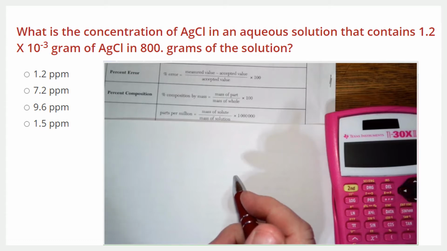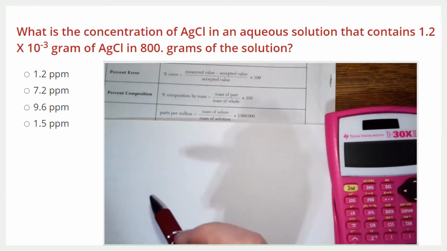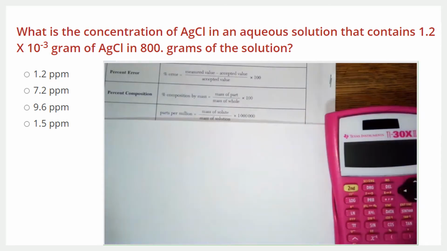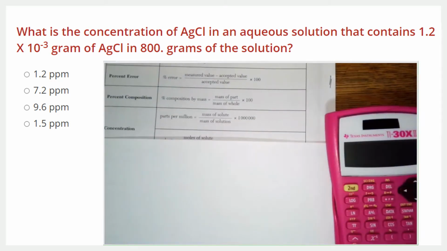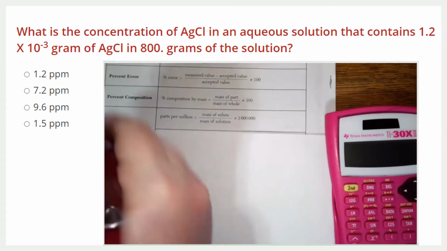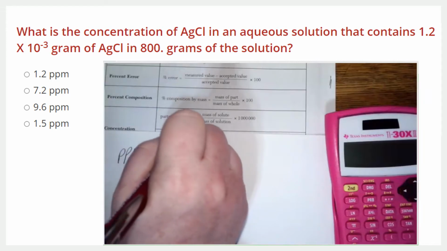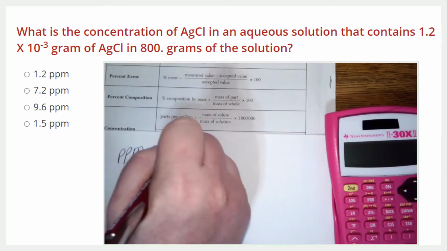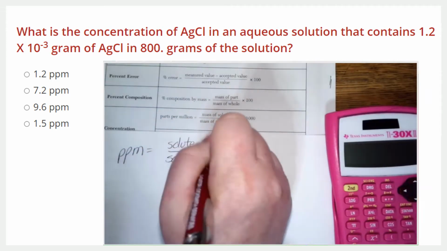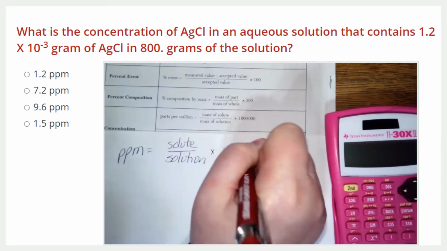Okay, so by looking at this question, I can see all the answers say ppm. So I know I'm going to be using the parts per million concentration formula. So I know ppm, to write it in shorthand, is solute over solution times a million.